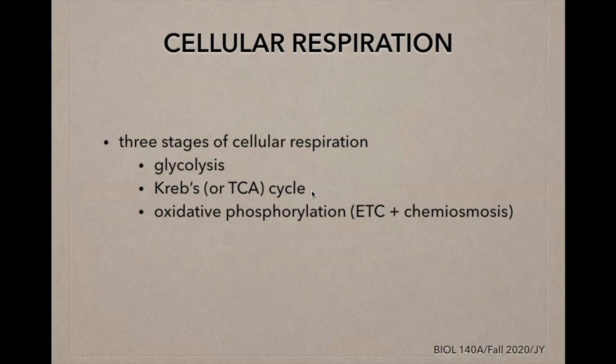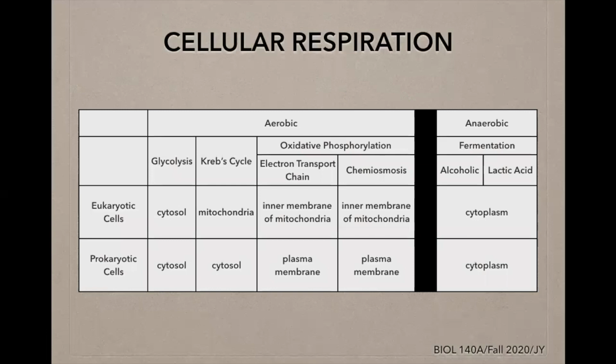In our textbook, Chemical Biology, the third stage is formally termed oxidative phosphorylation because it includes the electron transport chain as well as a very necessary process known as chemiosmosis. So in this chart, I've just outlined where aerobic cell respiration occurs and where anaerobic cell respiration occurs.